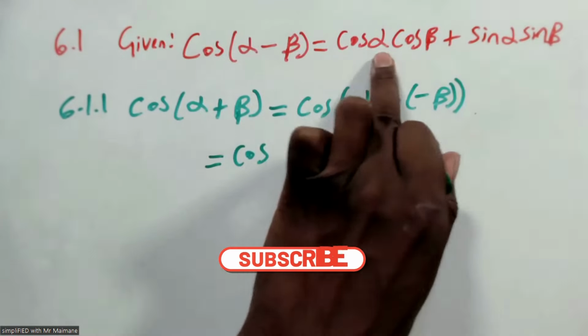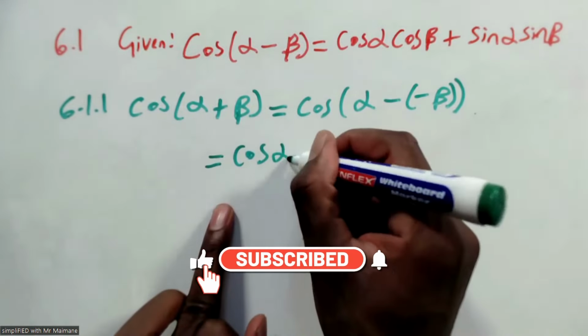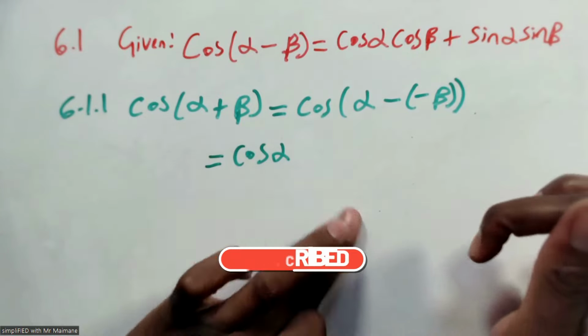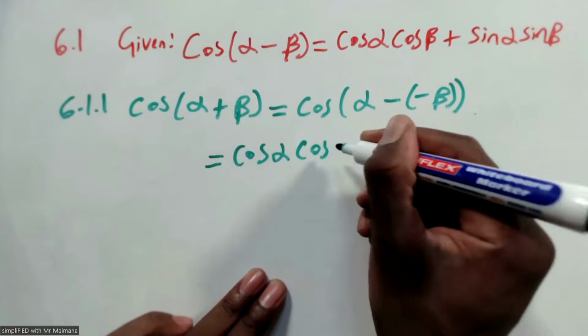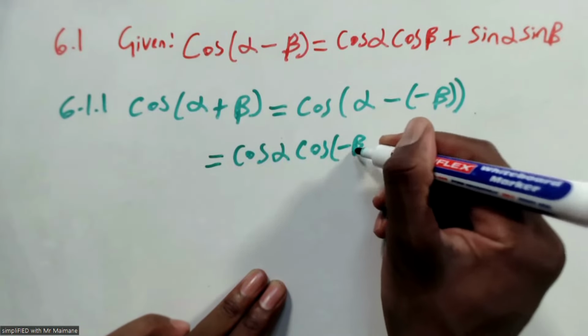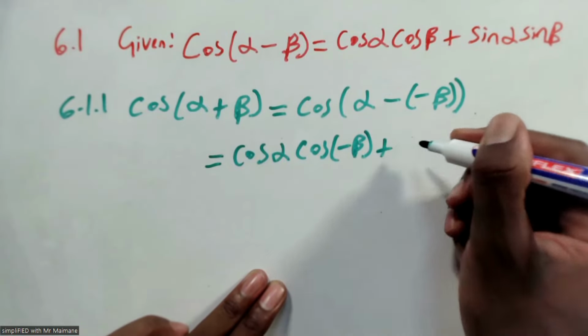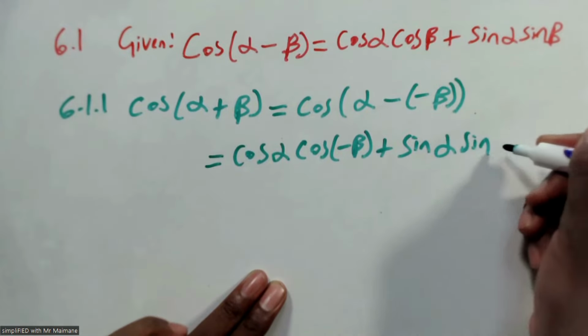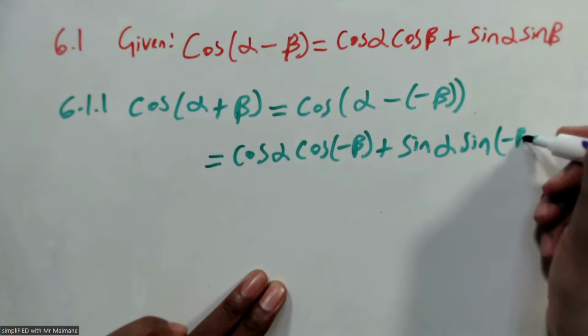So therefore, using this expression, this is going to be equal to cos of alpha, cos of negative beta, plus sine of alpha, sine of negative beta.